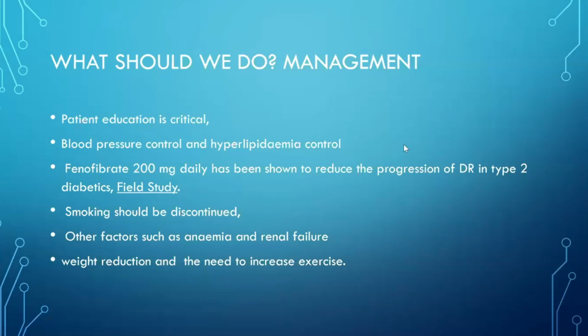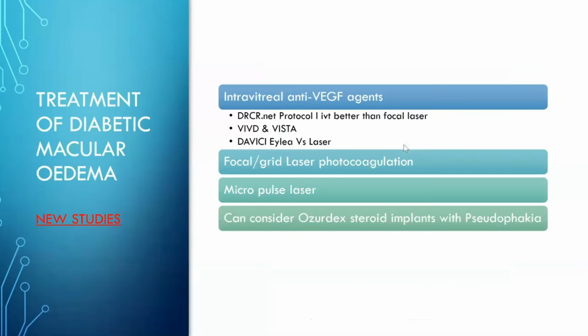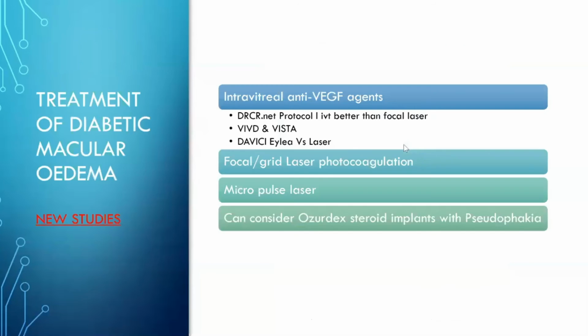We also advise people to stop smoking, address any other factors like anemia or renal failure, and encourage people to lose weight and exercise routinely. Get into the habit of a daily routine, like a half-hour walk, for example, and a healthy diet. All of this can help.